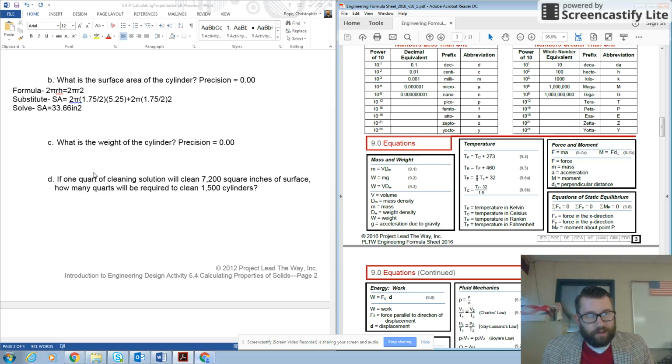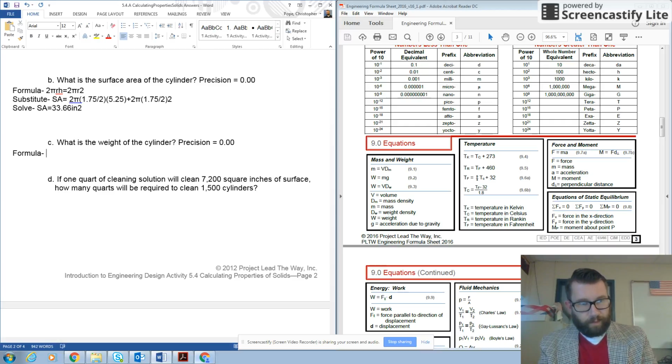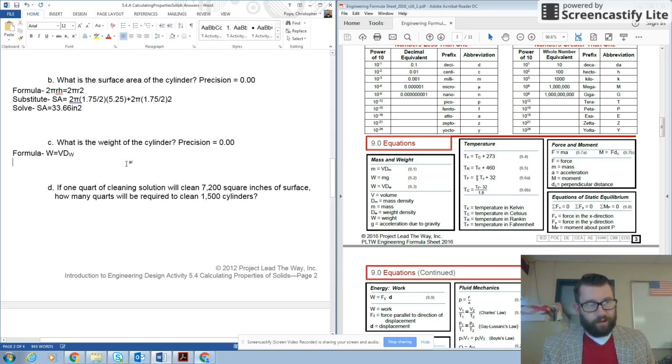That's the equation that I'm going to use. So formula: W equals V dW. This time I'm going to make that a subscript just so you can see the difference. And we're ready to substitute.